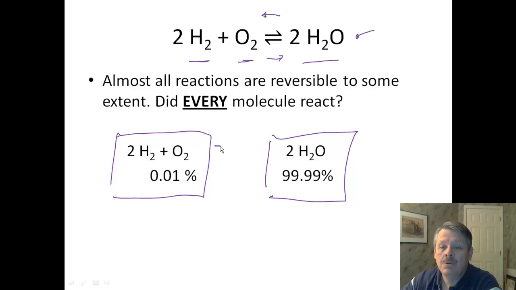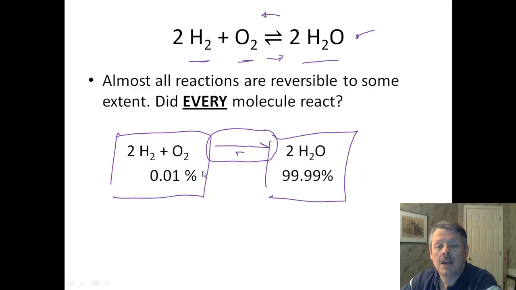So we do have most of it going this way, and we have a little bit of it going back the other way. So we might draw it where we have one arrow that's longer than the other to indicate to us that most of it becomes water, but only some of it goes back to hydrogen and oxygen. Okay, so when we look at a reversible reaction, we might have arrows that are not the same length.